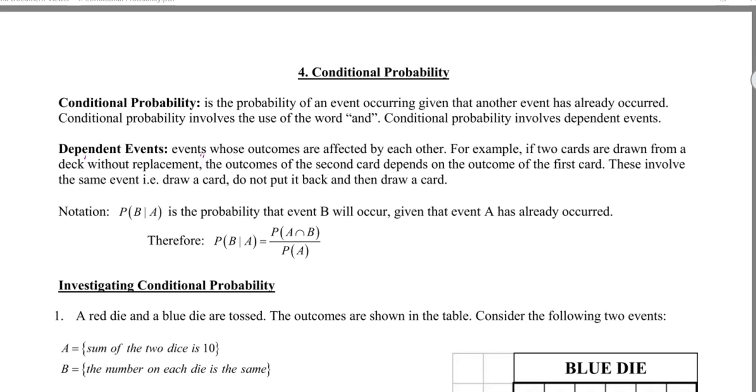Okay, so this notation, the probability of B given A, is how that's read: the probability that event B will occur given that event A has already occurred. And on your formula sheet, it looks like this.